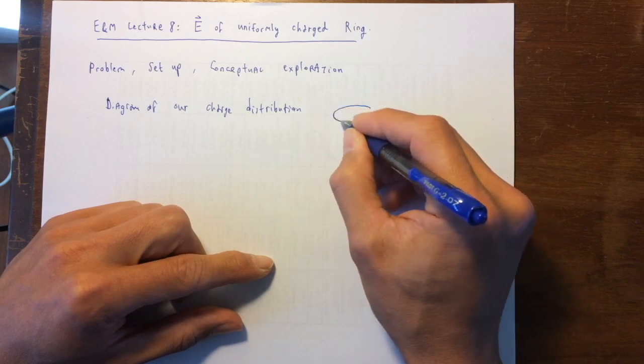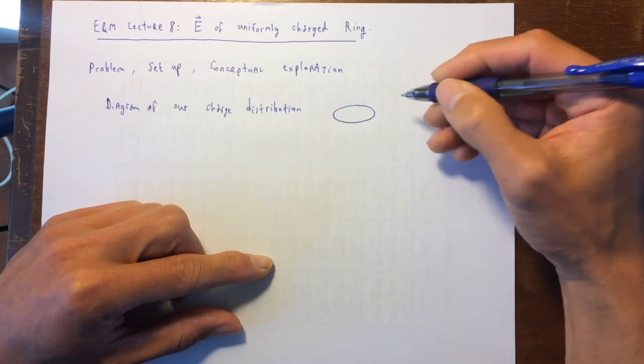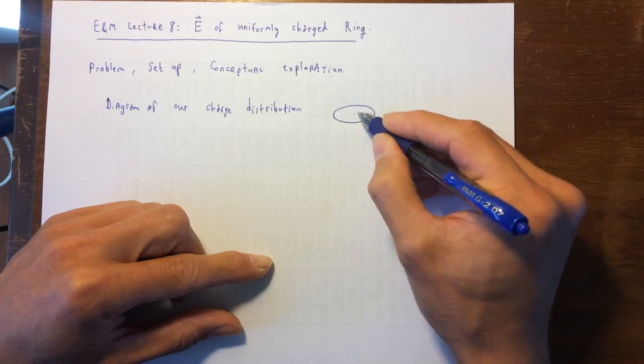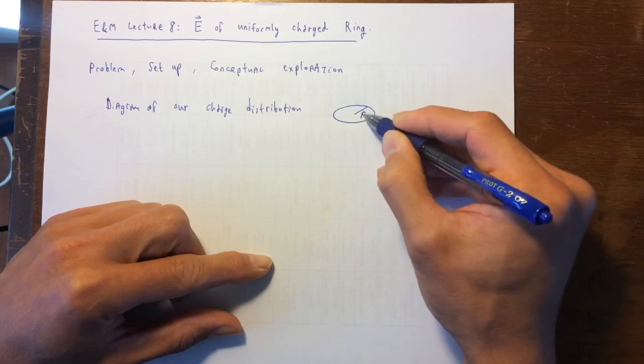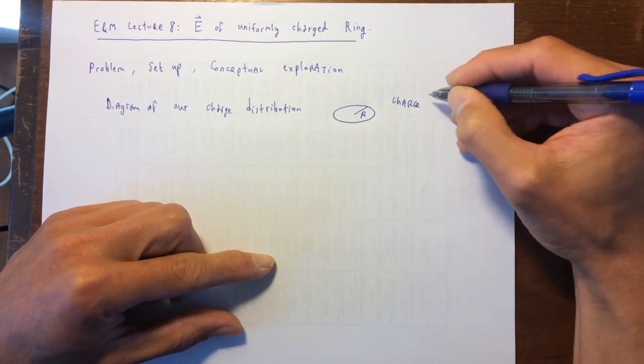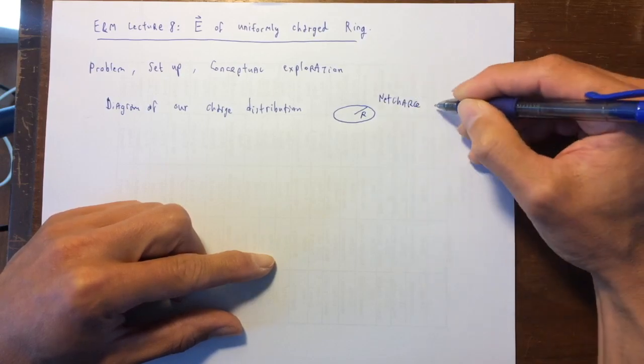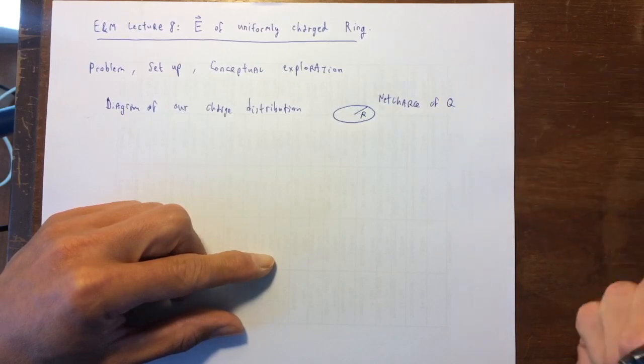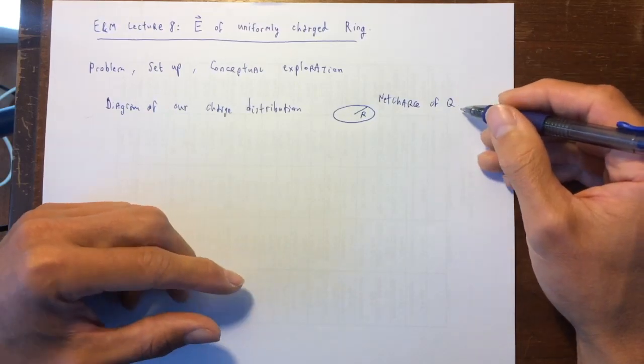I could draw the ring like this, and I'll say that it's got a radius r and a net charge of q, and q could be positive or negative.